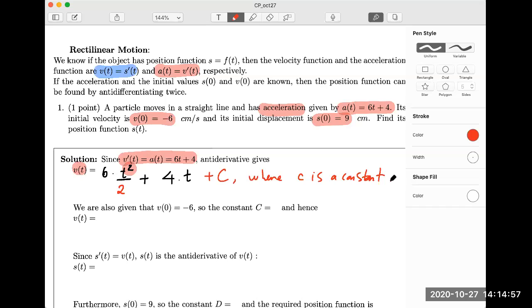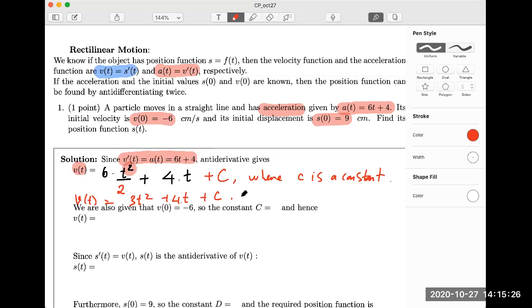Okay? So we found the velocity of this particle, which now we can simplify. It would be v of t. 6 divided by 2 gives us? Yes, 3t squared plus 4t plus c. Okay.